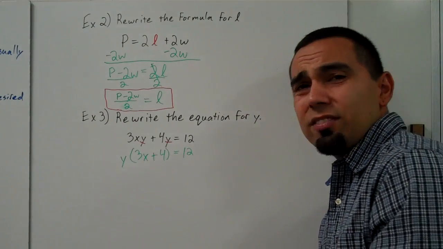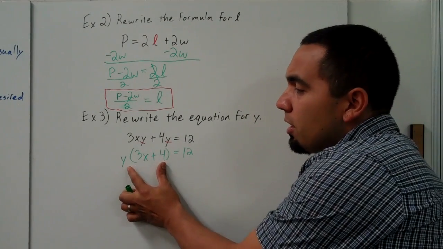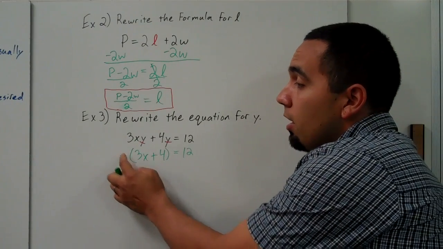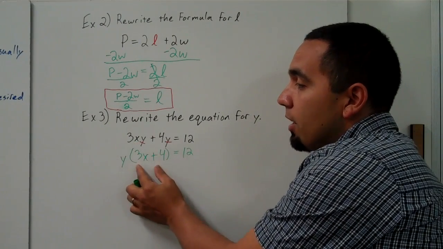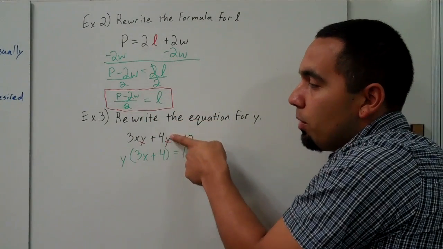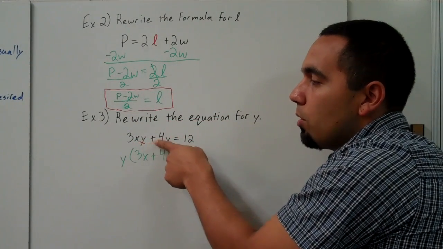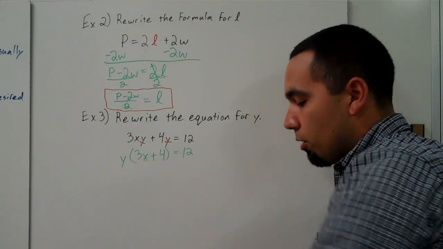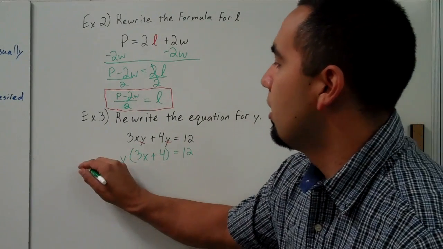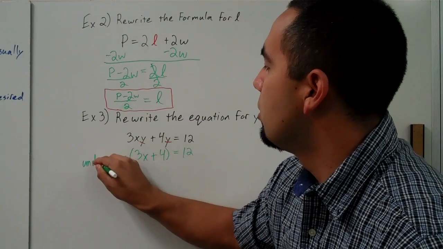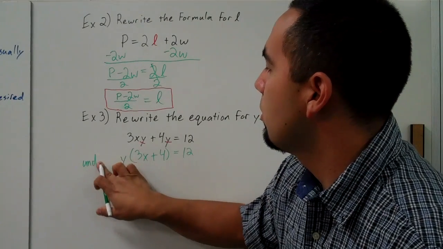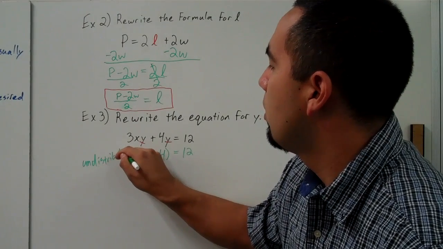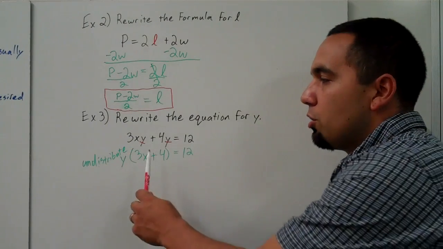If that seems kind of weird to you, just take a look at this one: if I were to apply the distributive property, I would multiply the y in, and I would get exactly this piece of the equation up here, 3xy plus 4y. Because you can go one way, you can also go the other way. I often call this undistributing. So basically I'm undistributing the y.